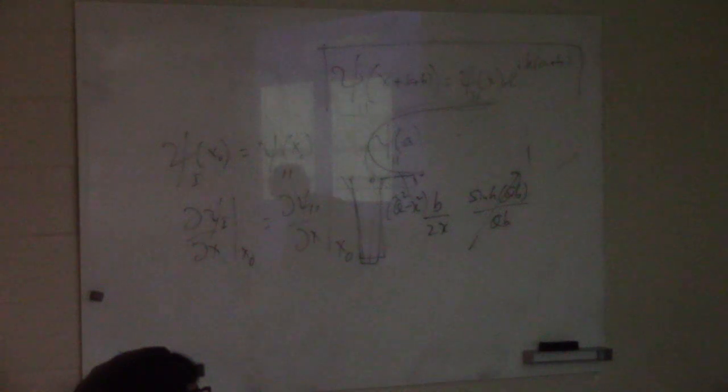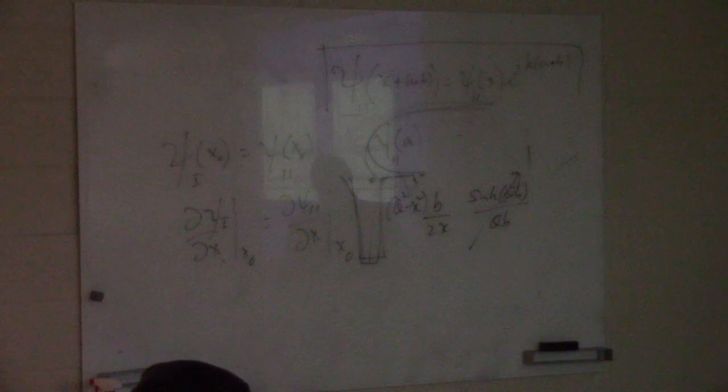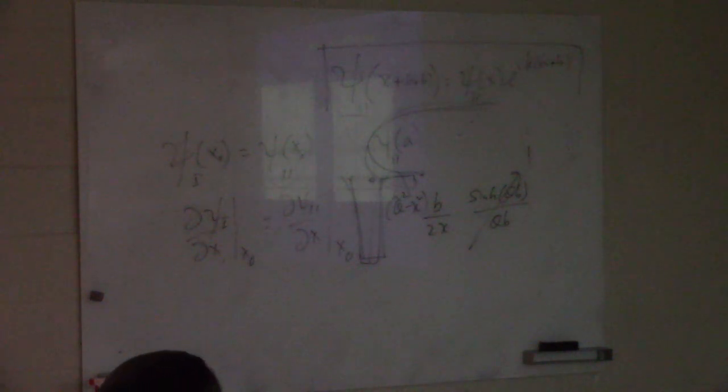So remember this is Ka, the Bloch wave vector. Now you can fold it back. This is the first Brillouin zone, second Brillouin zone, third Brillouin zone. You can fold it back, then you can make this kind of band structure, right? This one you can fold back to this side.